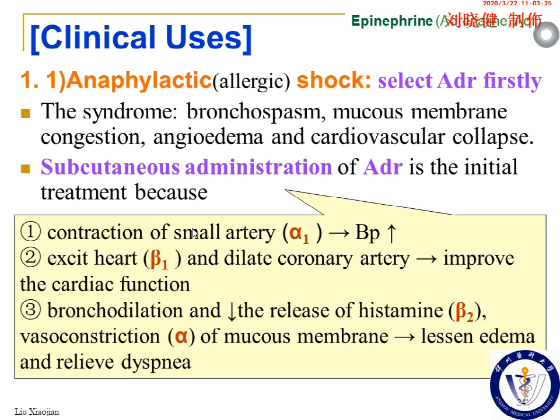That's why we consider it the first selection for this disease. Try to remember this very well, okay? In the following chapters, you will study many drugs. When we mention that in the treatment of some disease we consider some drug the first choice or first selection, you must remember that. It is an important knowledge point, so master it.